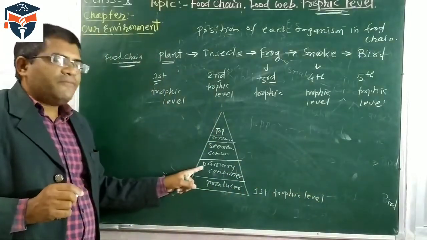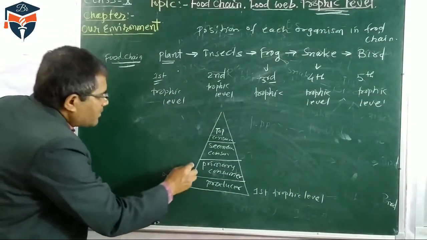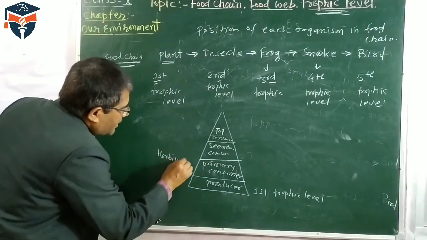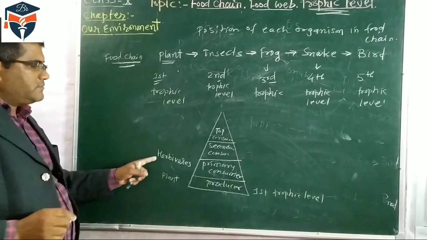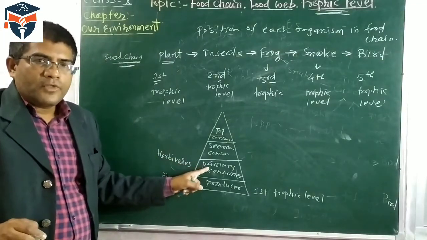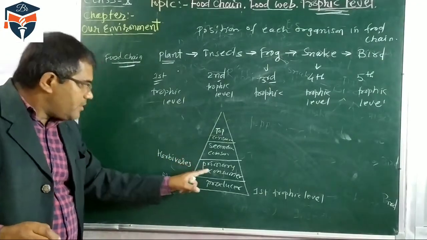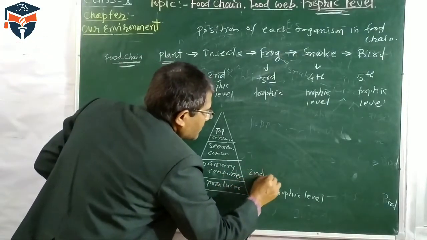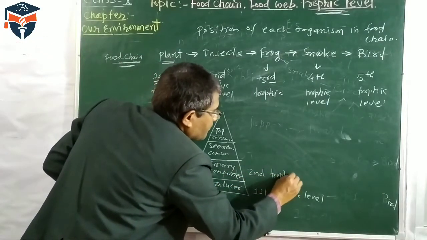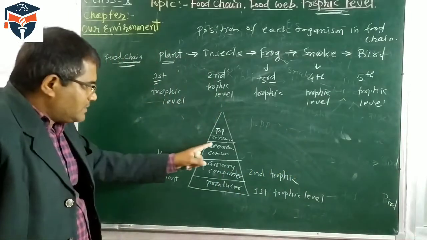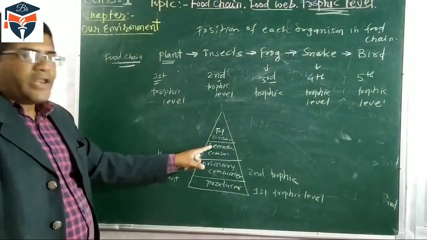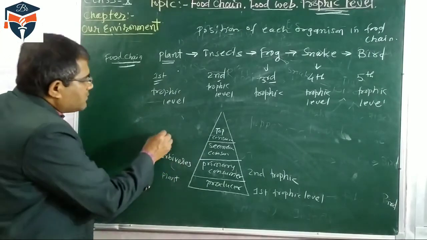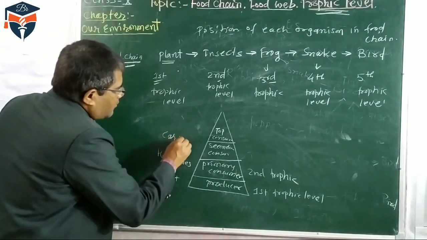Plants are fed by primary consumers. So what are the primary consumers? These are the herbivorous organisms, organisms that feed on the grasses. So these herbivorous organisms come in the second trophic level. Secondary consumer means those organisms that feed on the herbivorous organisms, and these are carnivorous.